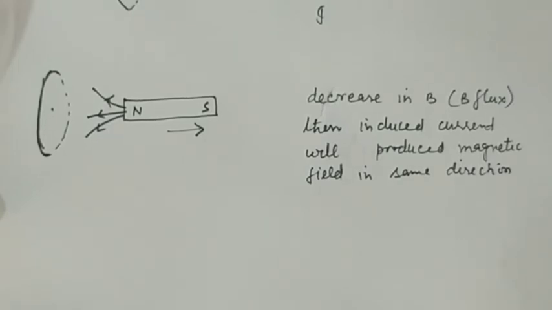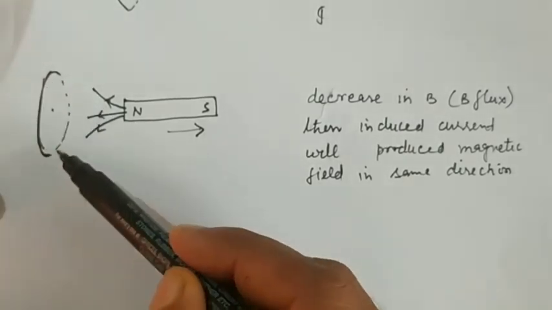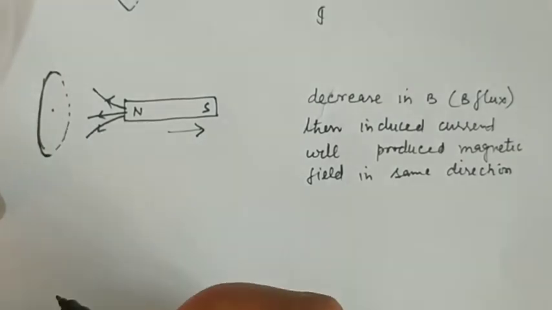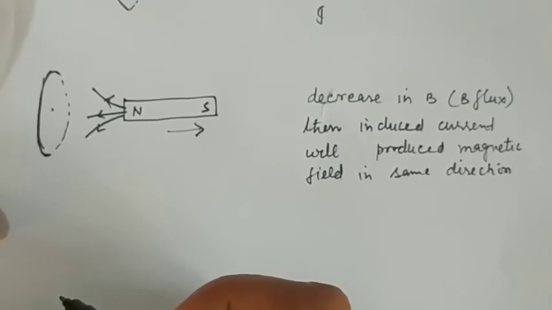According to Lenz's law, the induced current is produced in this loop in such a way as to oppose this decrease of magnetic field or flux. So how can it oppose? It can oppose by producing a magnetic field in the same direction.